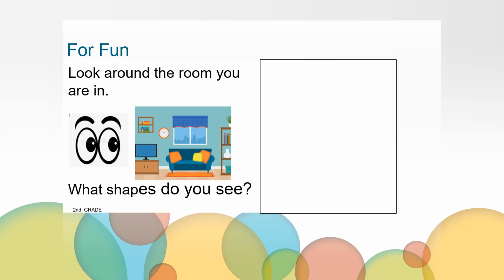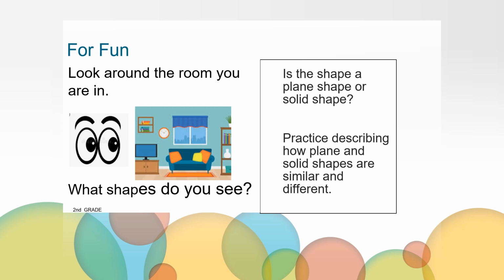See if you can describe the shapes and how they are similar and different. Ask yourself, is the shape a plane shape or a solid shape? And practice describing how plane shapes and solid shapes are similar and different.